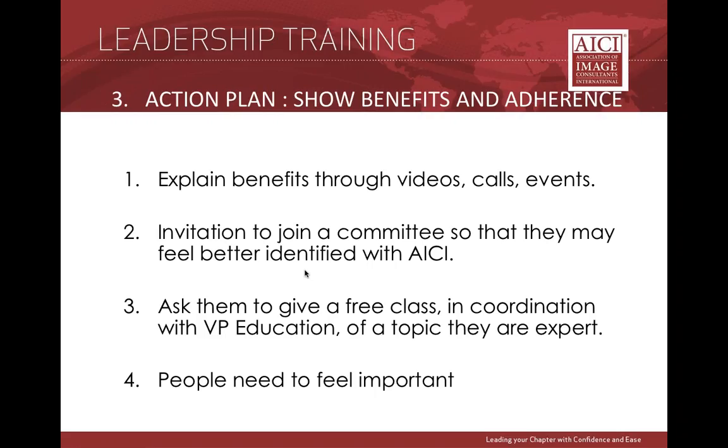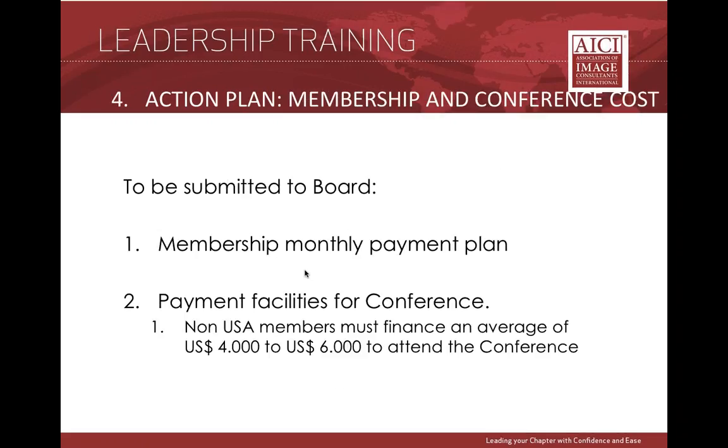The idea is that they have a responsibility with ACI that will help them to get tied to the association.